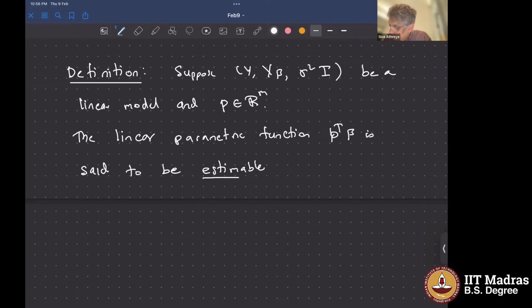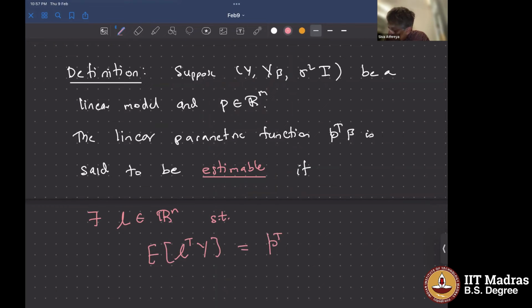So when do I call it estimable? The idea is that if there is a vector L in Rn such that I take a linear combination of the y's, that is L transpose y, its mean should be the same as P transpose beta.